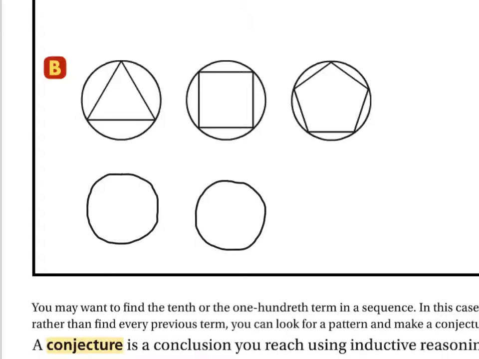So our first diagram has three sides, or three vertices, or corners, I should call them. The second diagram has four sides, or four corners. Third one has how many? 5. So what's the next one going to be? 6. So we can take our best shot at drawing a 6-sided polygon here, which is called a hexagon.